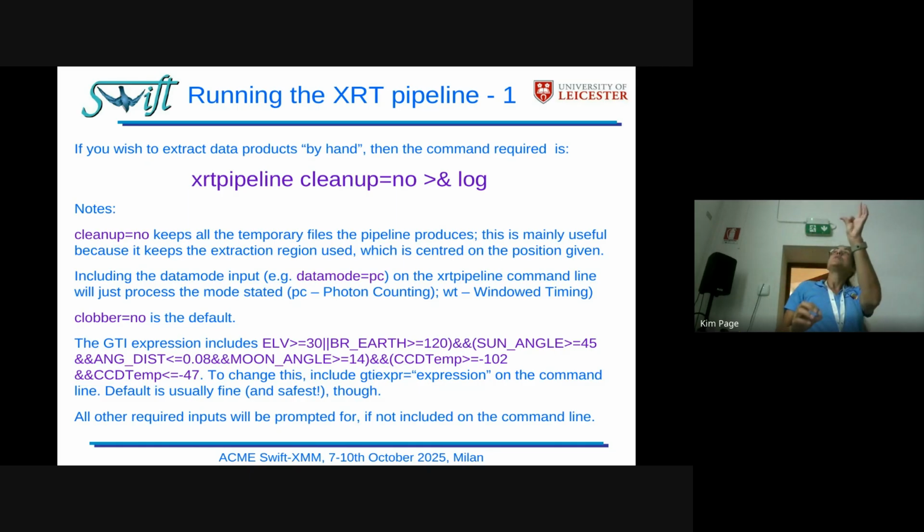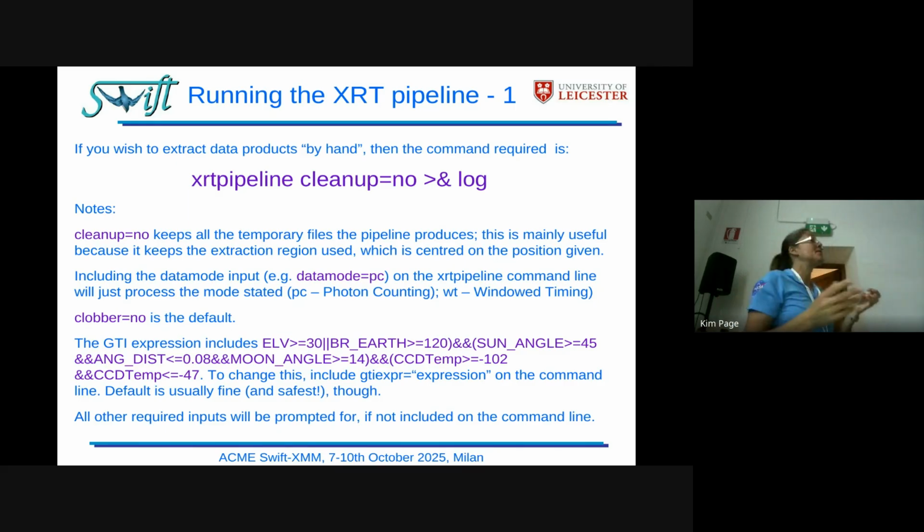And another thing: if you don't know the position of your source, if you don't know the RA and Dec, you can just run it with the default, which is object, and it will take the RA and Dec from the raw data, but that might not necessarily be centered directly on your source.